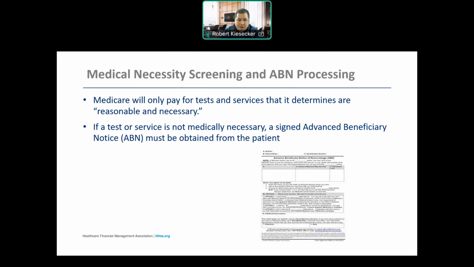So if a test or service is not medically necessary, as defined by Medicare, a signed advance beneficiary notice, or an ABN, must be obtained from the patient. This is a transfer. This form transfers the payment liability to the patient.